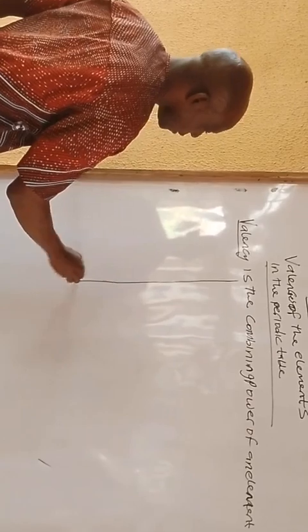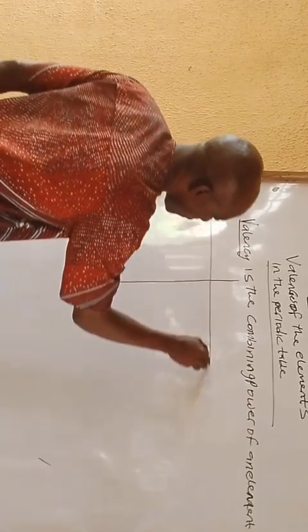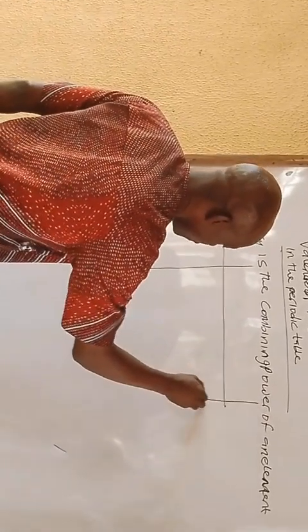You can easily understand the valency by their groups.